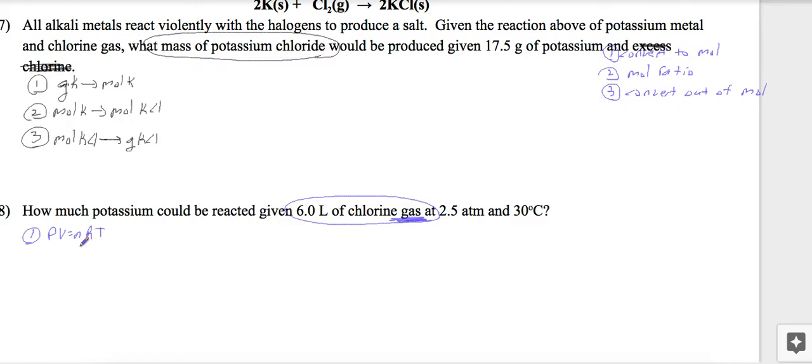There's my moles. The second step is to take the moles of that chlorine gas and convert it into moles of the potassium. Finally, I take the moles of the potassium and convert it into mass of the potassium. And then we have our final answer.